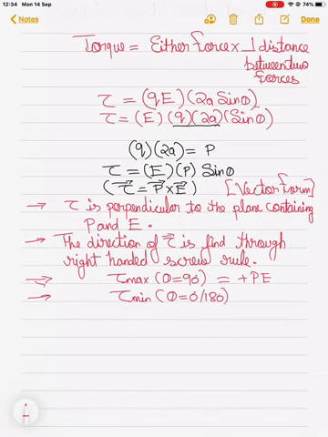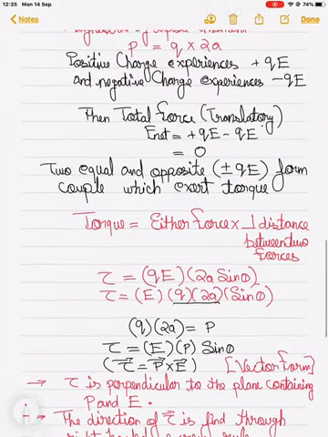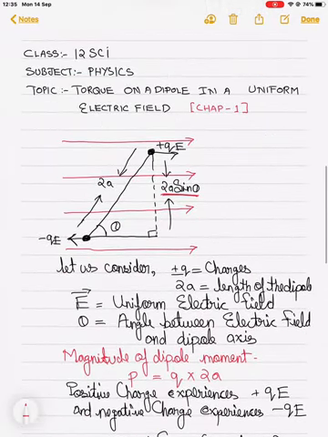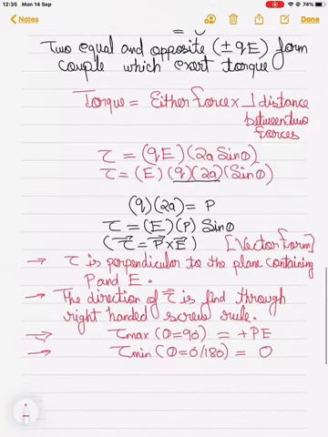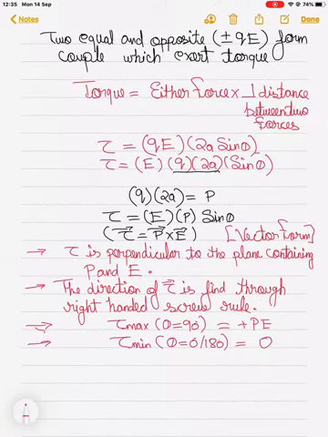In both the cases, we will get 0. So this is how we conclude the expression for the torque due to a dipole placed in a uniform electric field. And the expression is torque is equal to P cross E.